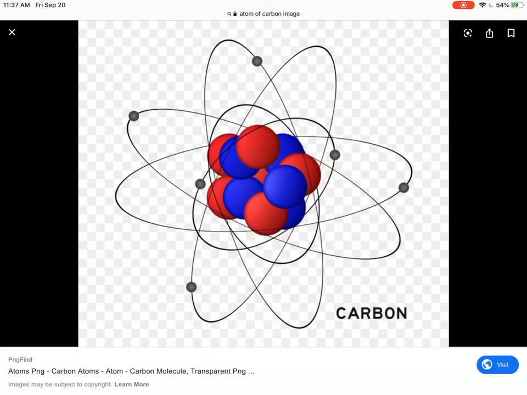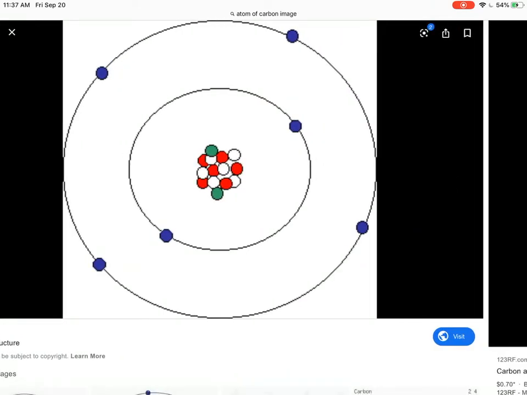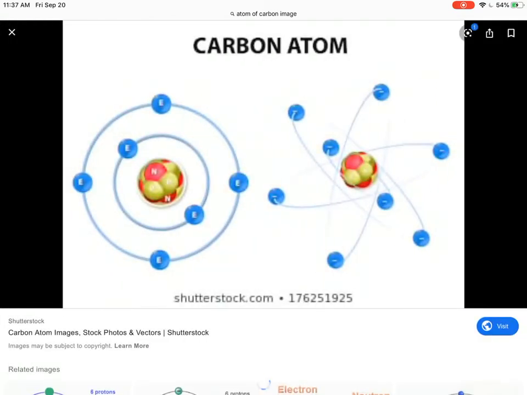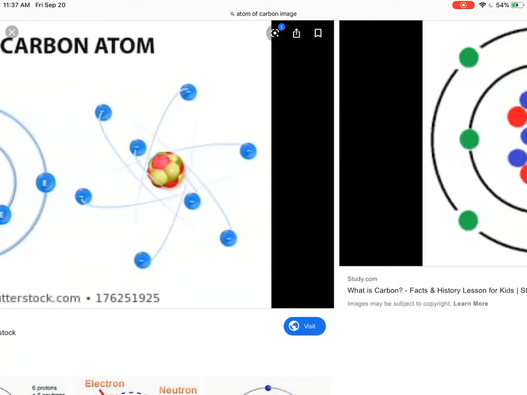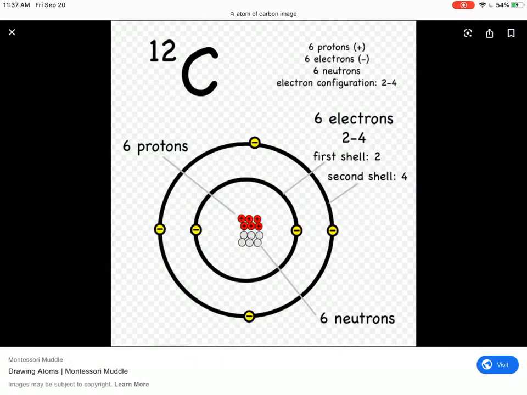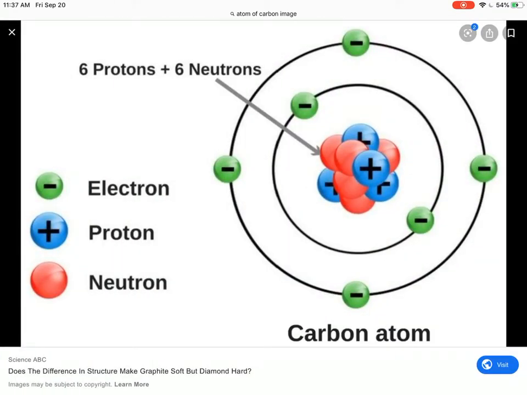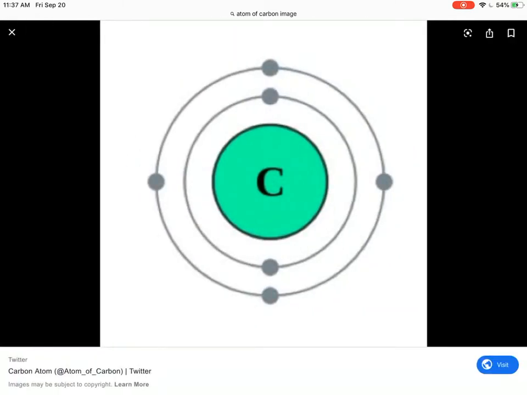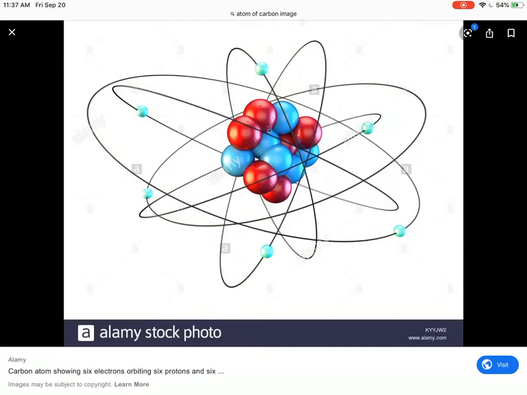This is more of a realistic image of what's happening as compared to the one that I'm going to draw, which is flat. Here it shows you both. The flat one is the Bohr model, or a form of it, and the other one is just a three-dimensional version. So I want you to know that these in real life are not flat. They're going to be three-dimensional. There's a good one too.